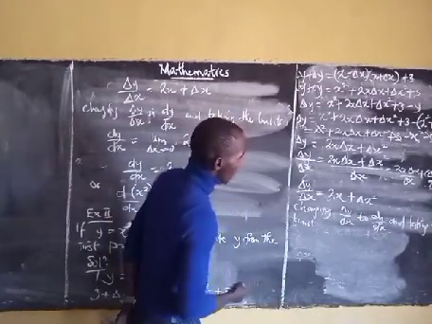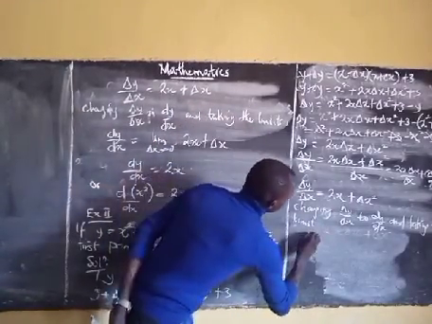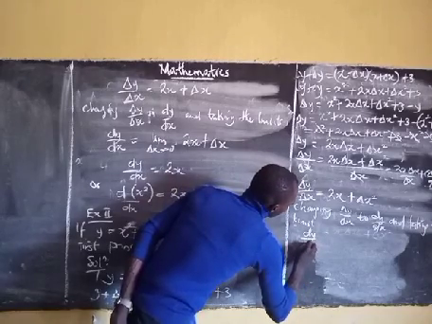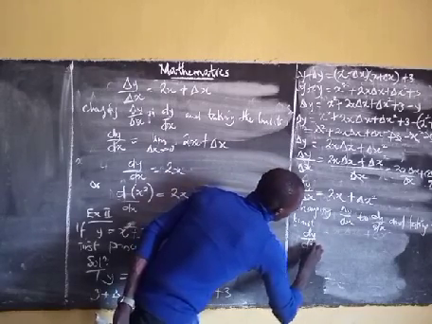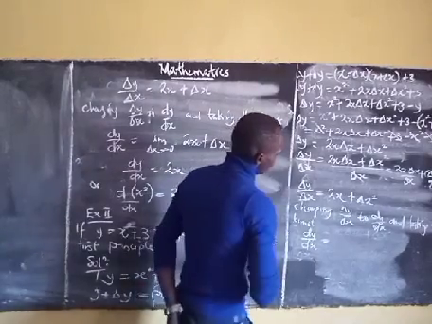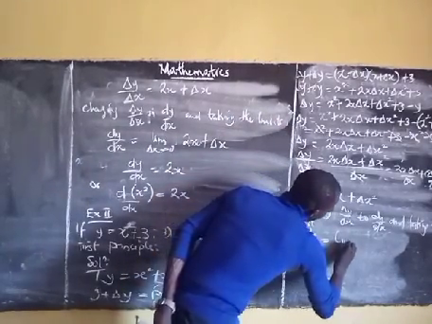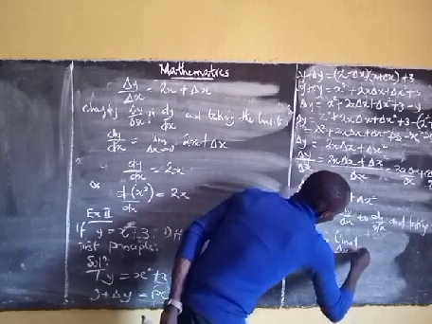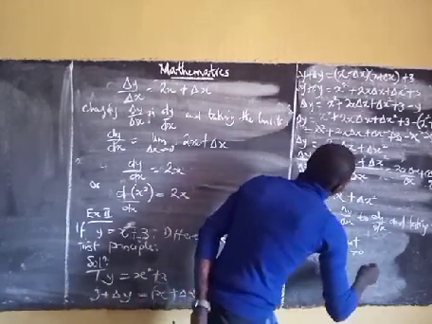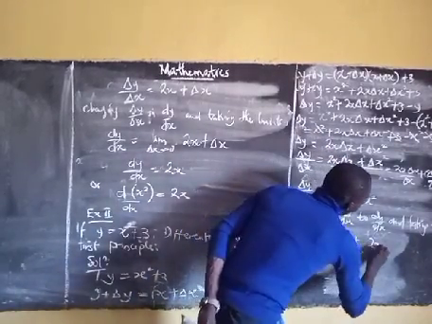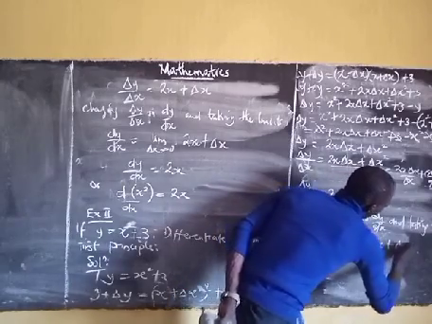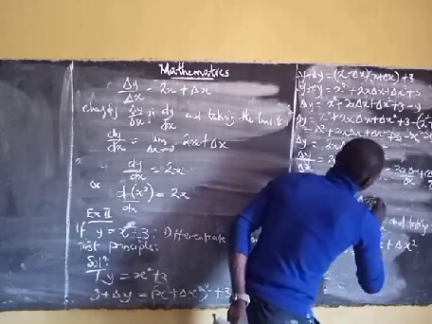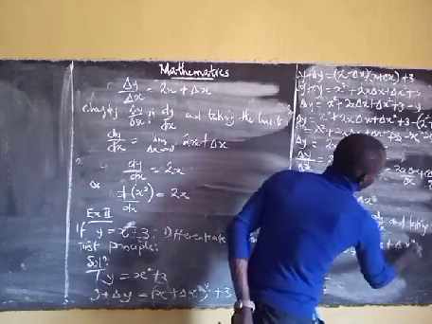So here we now have dy dx equals the limit as change in x tends to 0 of 2x plus change in x.